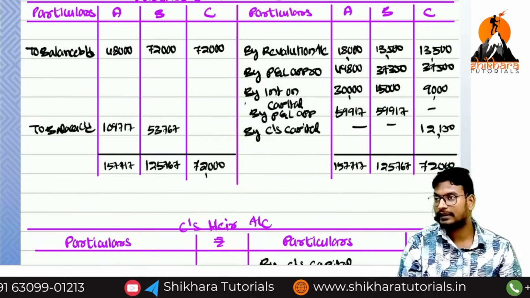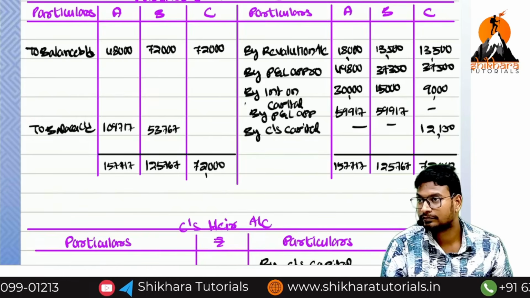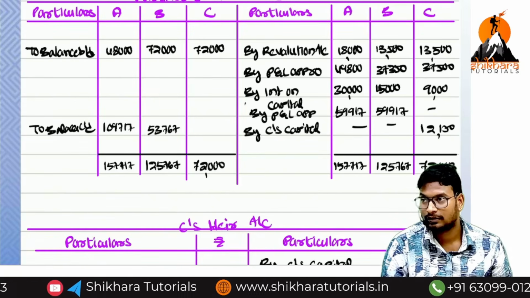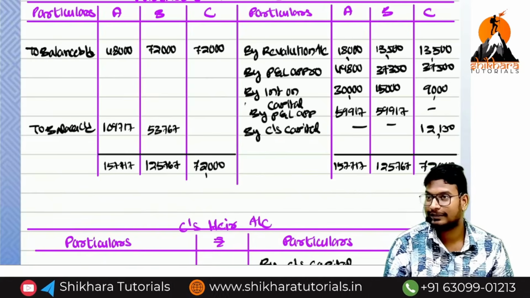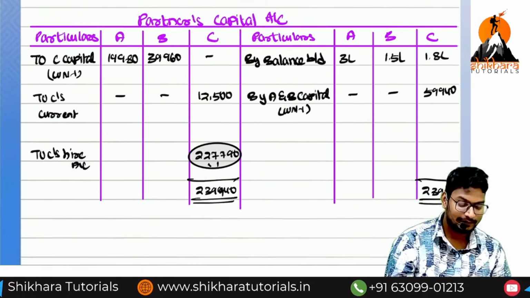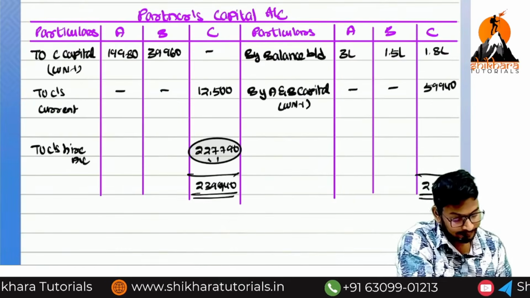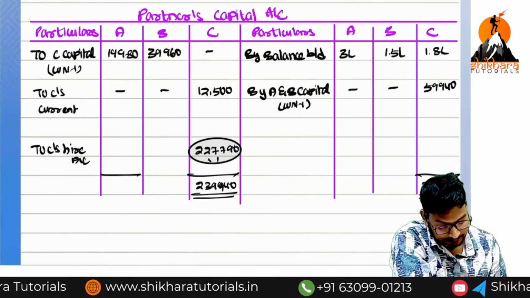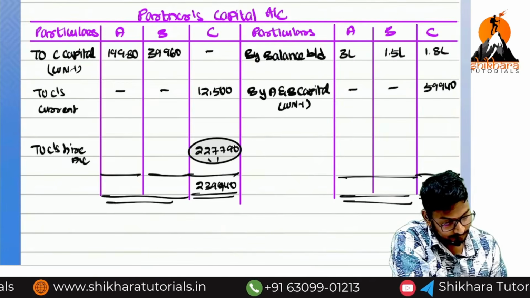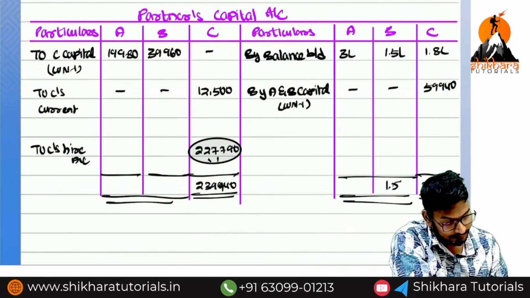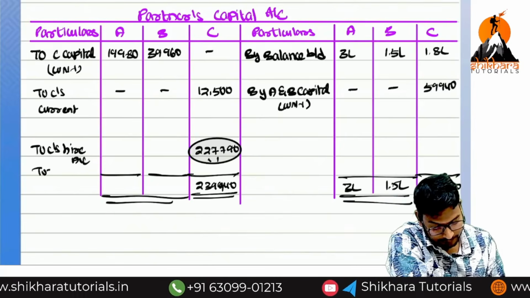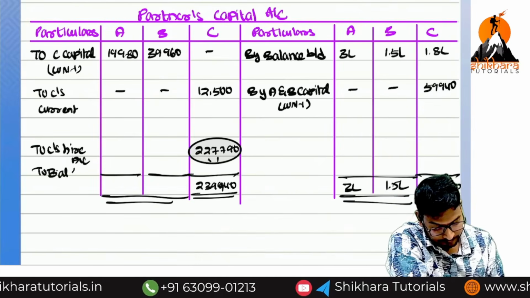In the liability side or asset side, amma? Liability side. It is the liability side, right? So next one, balance this one. 1.5, 3 lakhs. So 2, balance carried on.